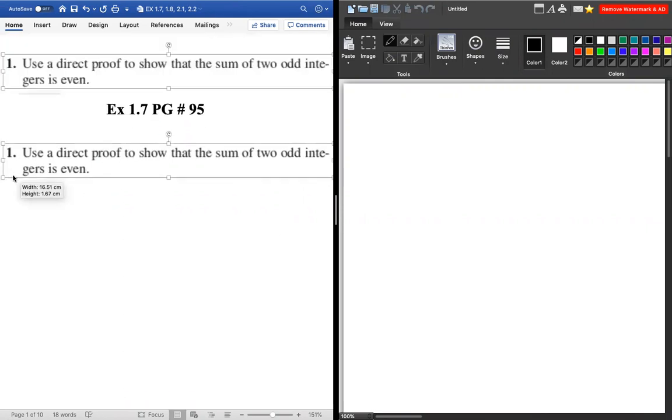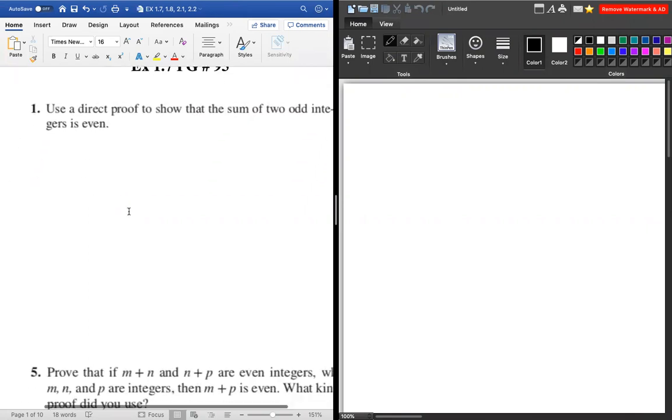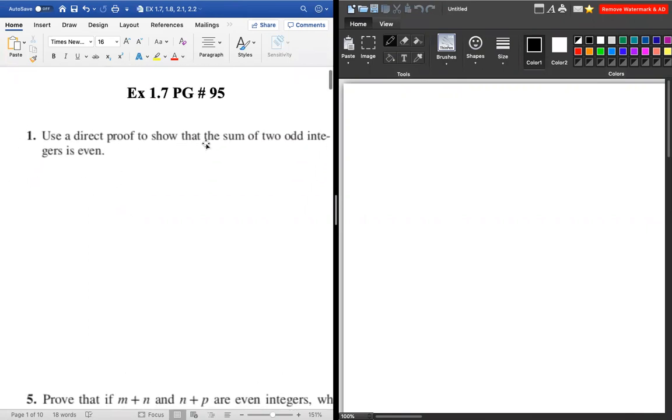So we have the first question from exercise 1.7. It's on page 95. We have to use a direct proof to show that the sum of two odd integers is even. First, we will suppose what those two integers are.